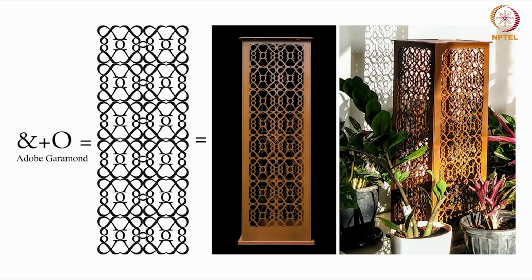On your screen, this is another example where just two letters are combined and repeated to create an interesting pattern and later translated into a 3D product as a lampshade. This is an interesting example of how a 2D letter can be visualized in the form of a 3D letter and translated into a product.